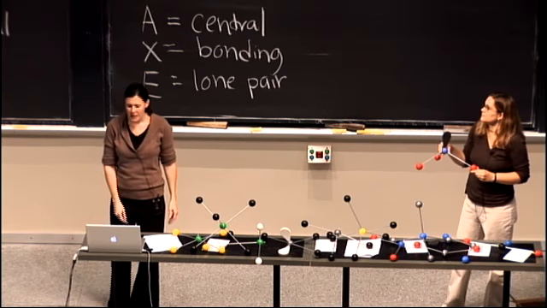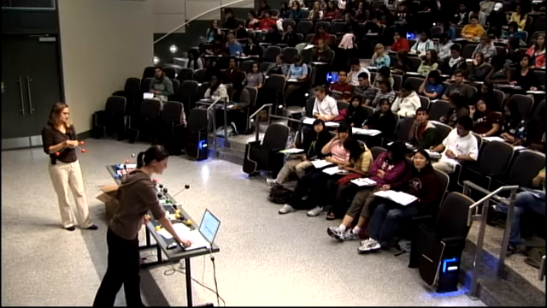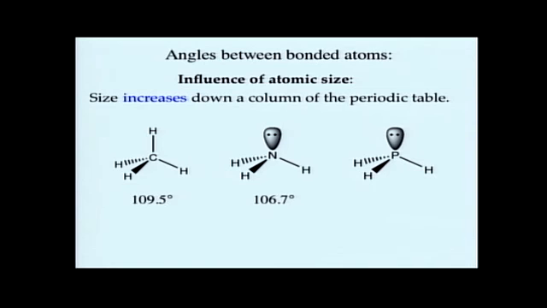We can also think about the influence of atomic size in terms of this effect. So first of all, what happens to atomic size as you go down the periodic table? Good, it increases. Phosphorus is right underneath nitrogen on the periodic table, so phosphorus is going to be bigger than nitrogen.